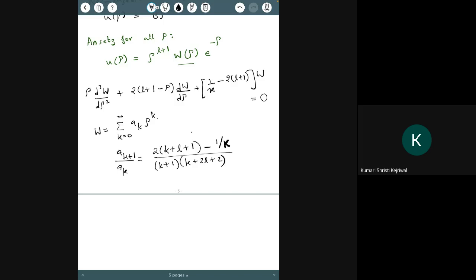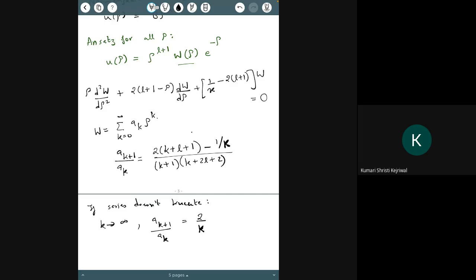And now let's look at what happens if this series does not truncate. If it doesn't truncate, that is k tends to infinity, then a(k+1) by a(k) is equal to 2 by k.